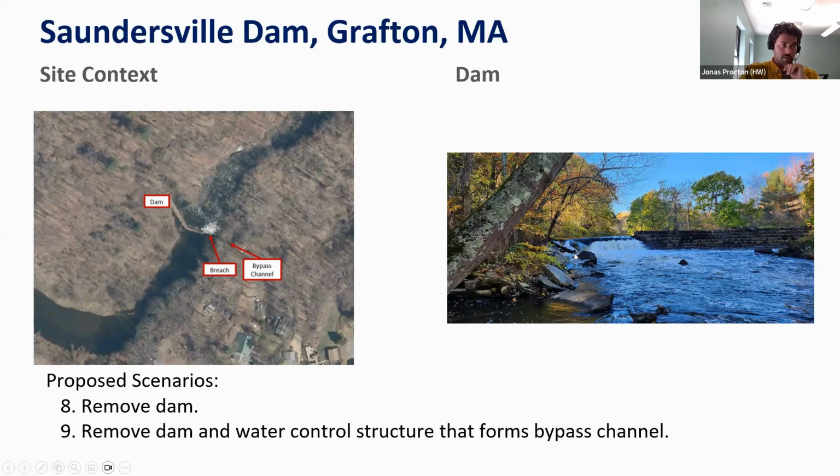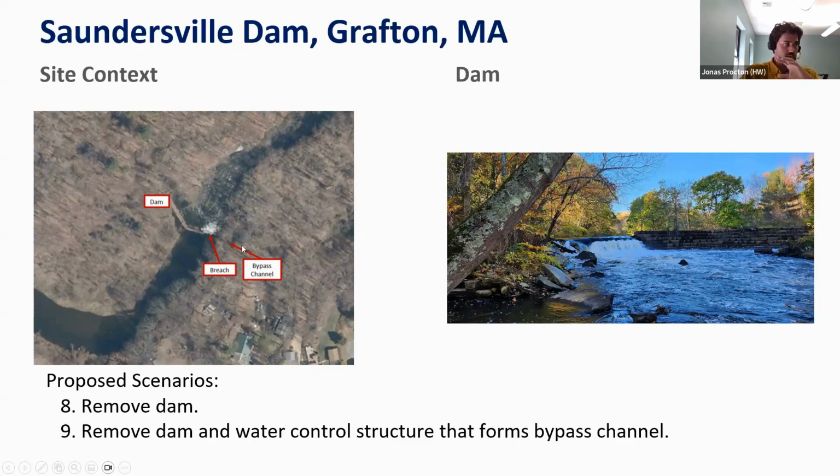You can see there's this breach on the eastern side. And then there's also a bypass channel farther east, with a structure with gates, wooden boards in the river, that helps control water too. That bypass goes through a culvert.